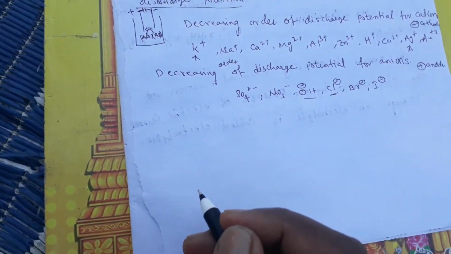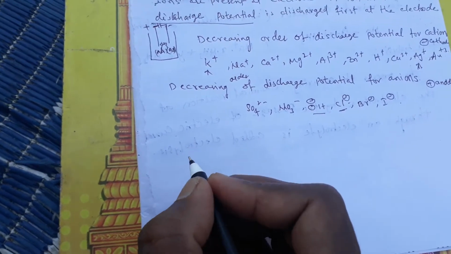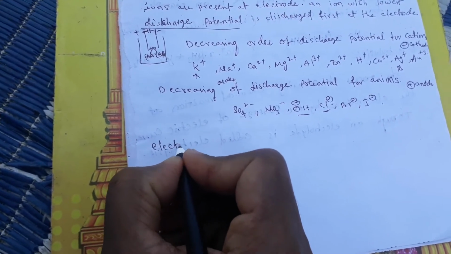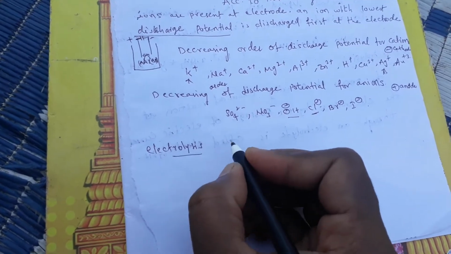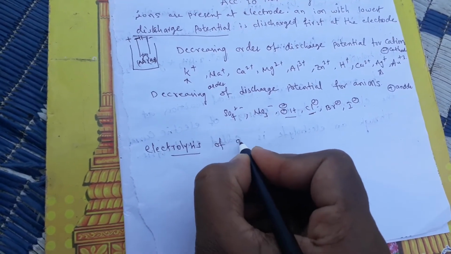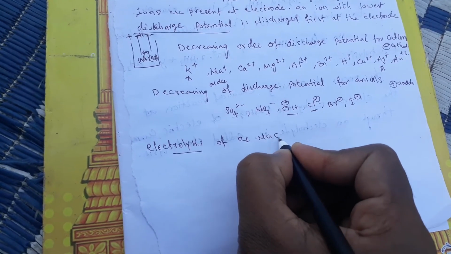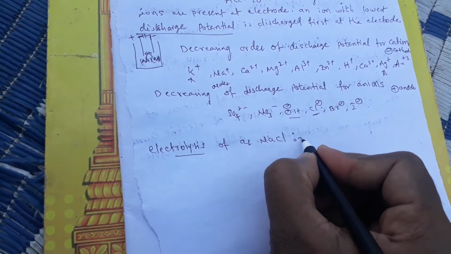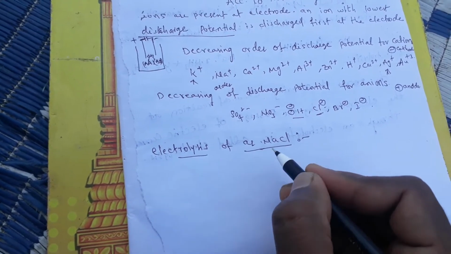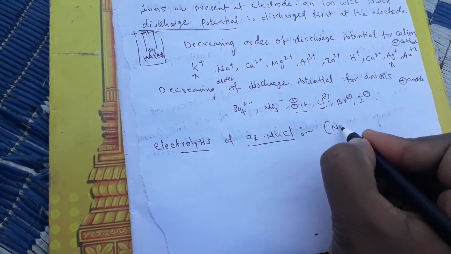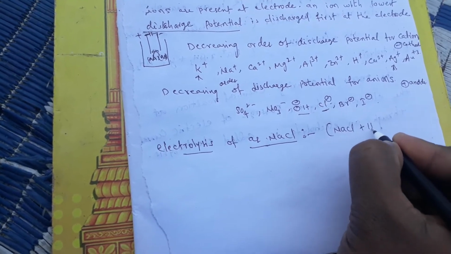So we see some examples for this. Electrolysis of aqueous sodium chloride. What is the meaning of aqueous? Aqueous means the combination of sodium chloride plus water.